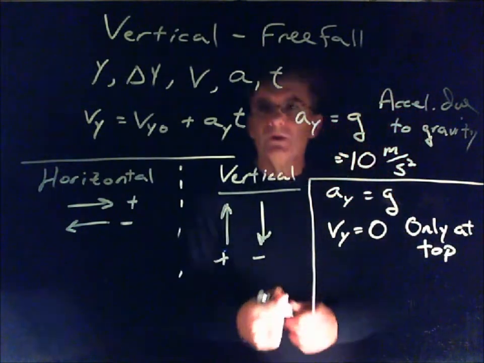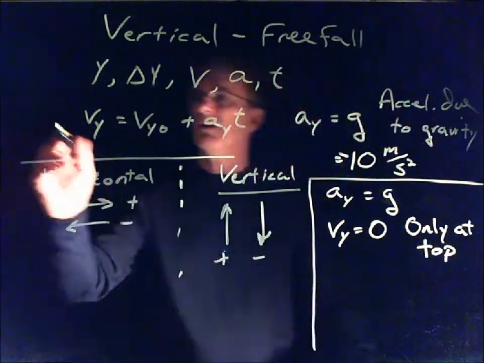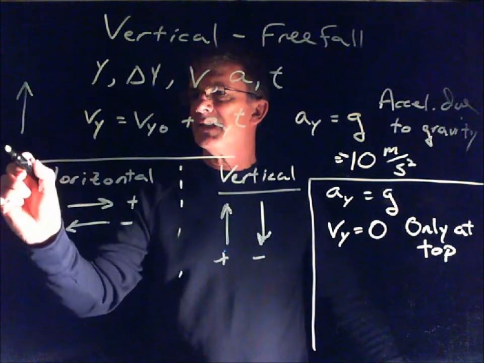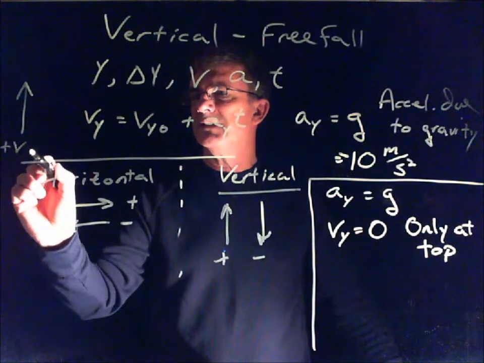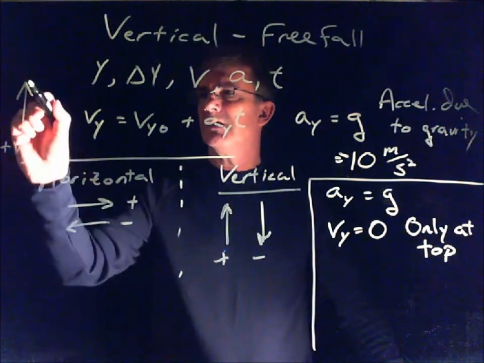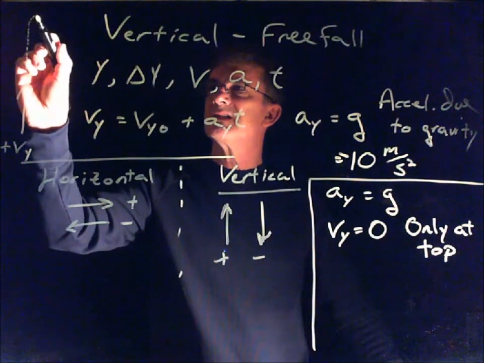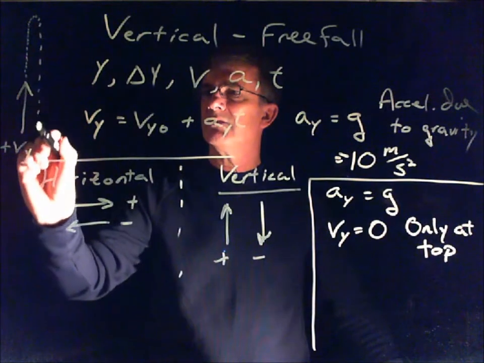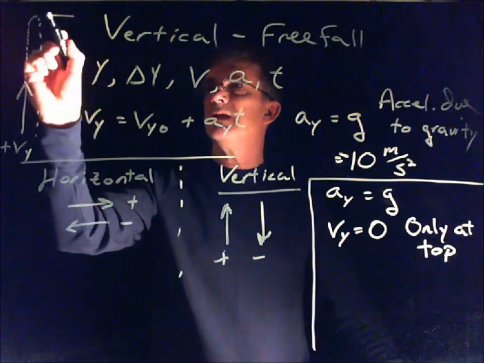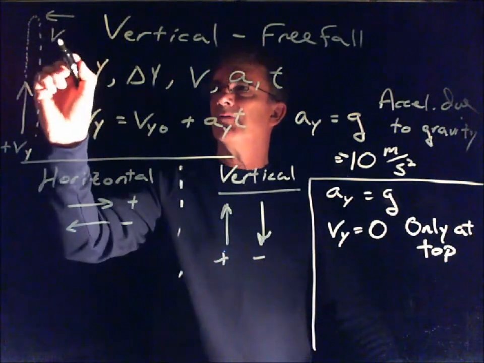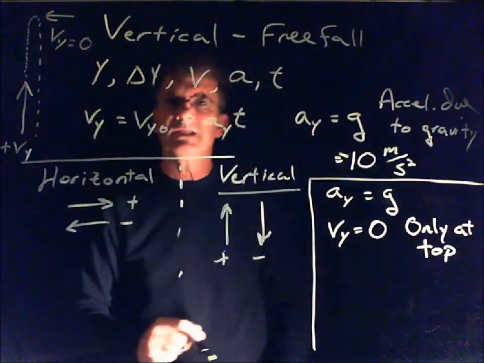In other words, you throw something up in the air, it has a positive velocity in the y direction. It goes up in the air, slows down, comes to a stop, falls back down, hits the ground. Right here is where we have a 0 velocity in the y.